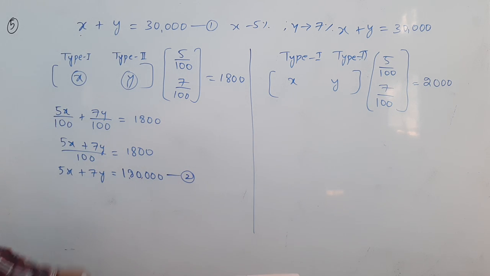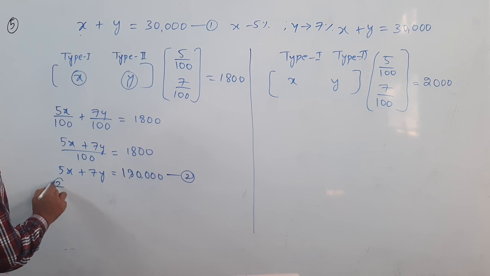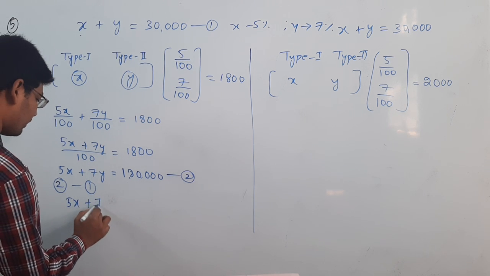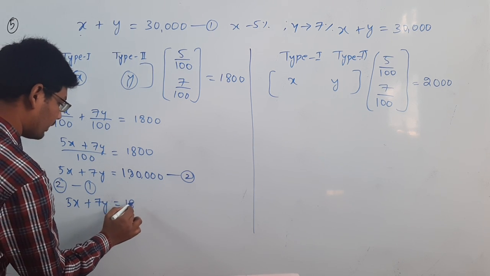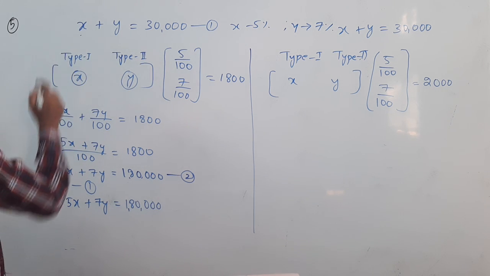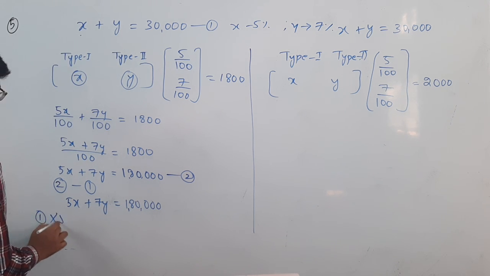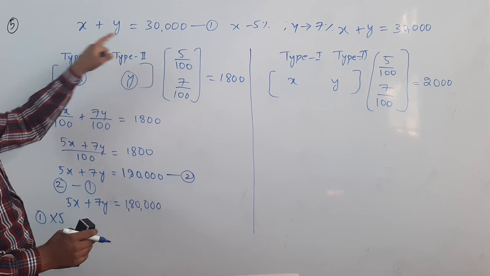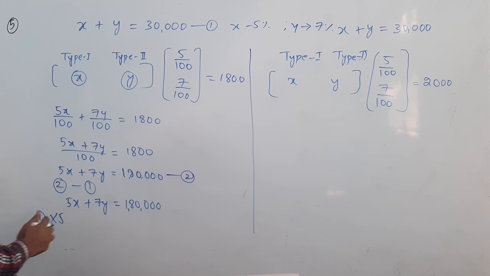I am subtracting, equation 2 minus 1. So 5x plus 7y is equal to 1,80,000, and equation number 1 into 5. Why? Because if you multiply this equation by 5, the x term will get cancelled.